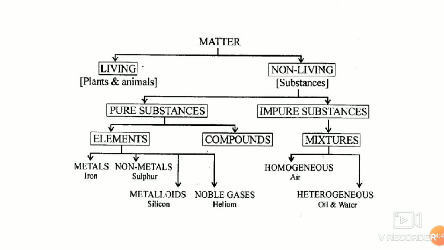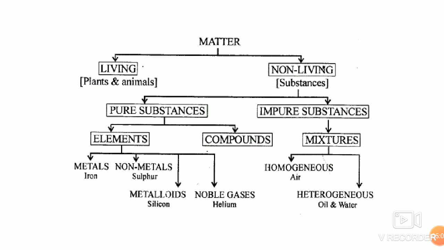Moving on, now let us learn the different categories of matter. See, matter is something that has mass and occupies space. We are surrounded by matter all around. Imagine you are sitting in a room, you are surrounded by many things. Your wardrobe, your almirah, the fan, the AC, the wall, the bed you're sitting on, the sofa you're sitting on, the cushions you're surrounded by, all these are a part of matter.